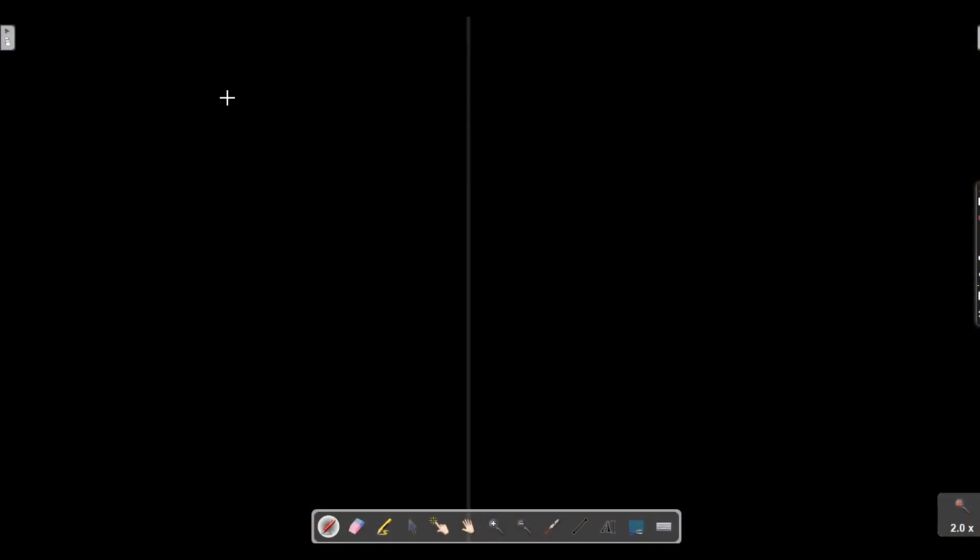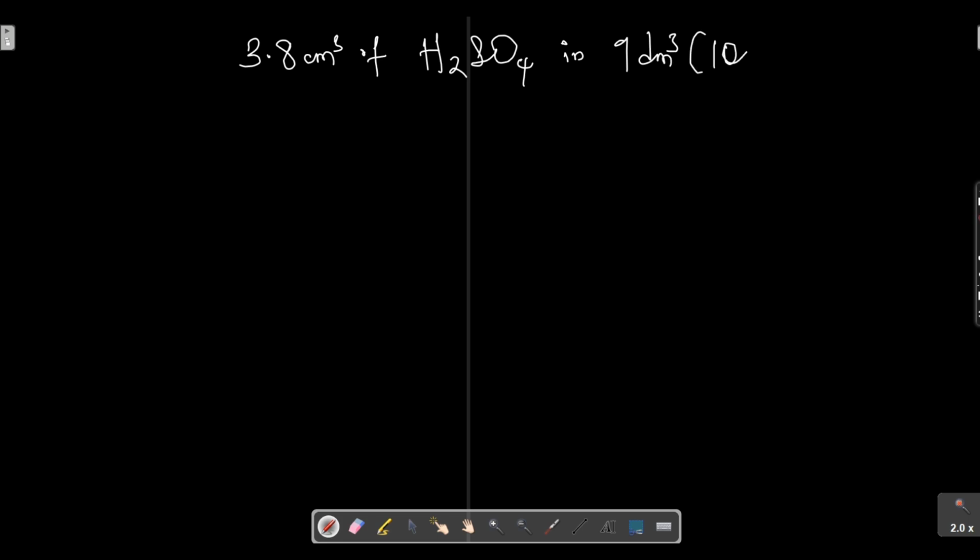Now, how do we calculate the concentration of 3.8 cm³ of tetraoxosulphate 6 acid in 1 dm³, which is 1000 cm³? This is how you do it.